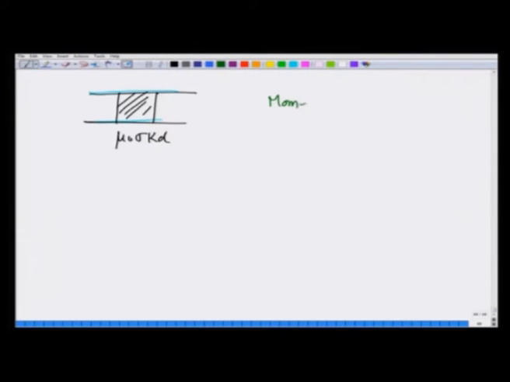momentum change per unit time, delta momentum per unit time, comes out to be mu 0 sigma k dot d, that is the momentum that the plates gain. So, we can easily see as k goes down, the momentum of the field between the plates goes down, and that is transferred to the plates.